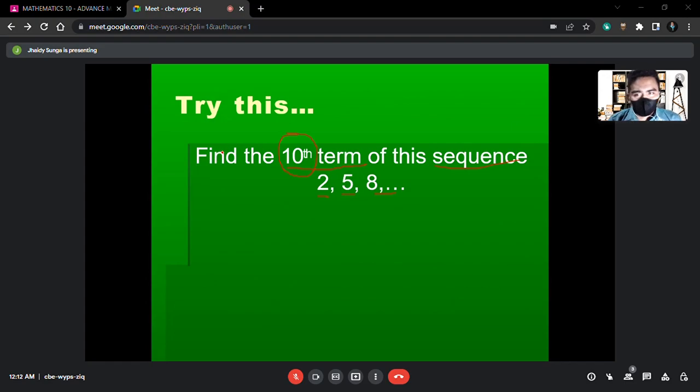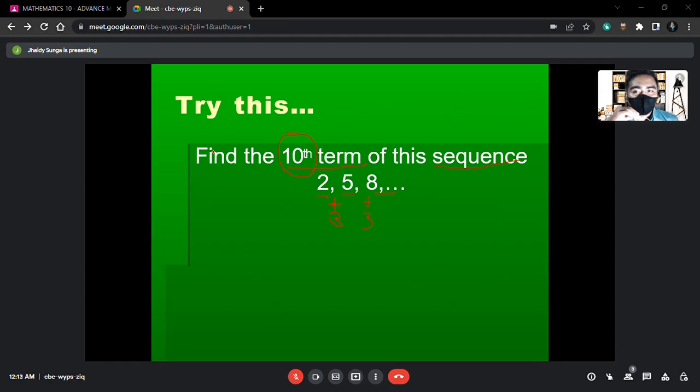The 2 becomes 5, then the 5 becomes 8. It was added, yes. It was added by how many? Added by 3, right? As well as with the second term of 5, it was added by 3 as well.